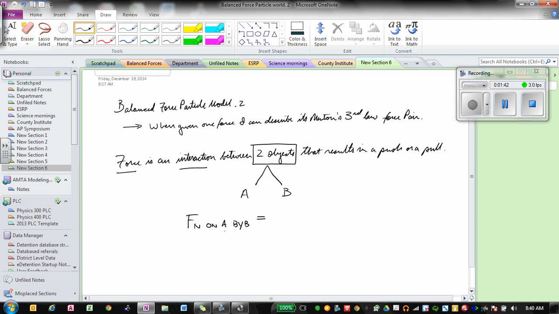If there's a normal force on A by B, there has to be a normal force on B by A. I'll show you in a second how these 2 points of view of the same force, that being the normal force interaction between objects A and B, are always going to be equal and opposite.